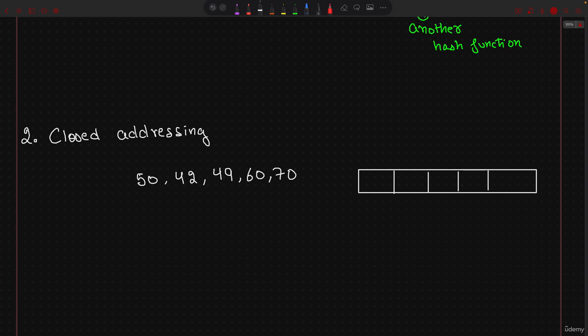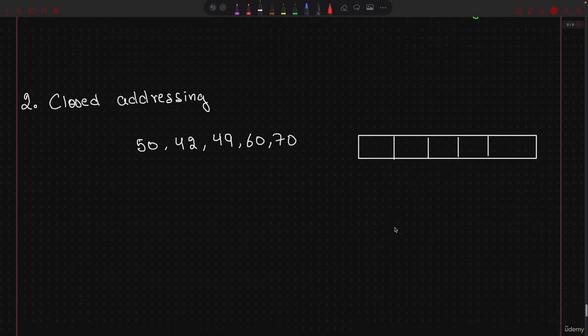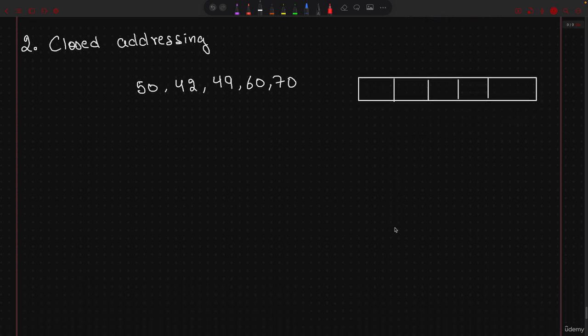Now what happens in closed addressing is that we say they are going to be stored at the same position only. Like I will not be finding another position. Okay. So when I take the modulo by 5, the final index which I will be getting, and I'm assuming that the hash function is just the identity function giving me the same, will be 0, 2, 4, 0 and 0.